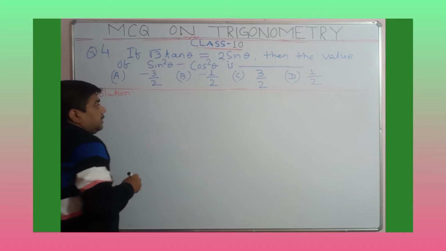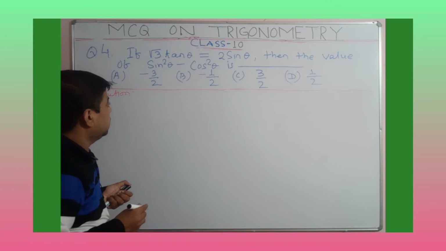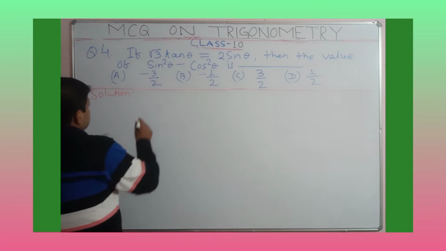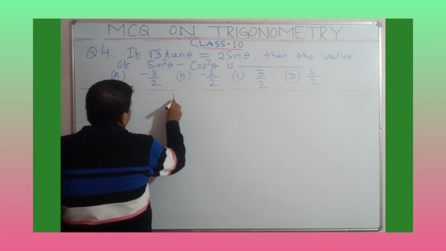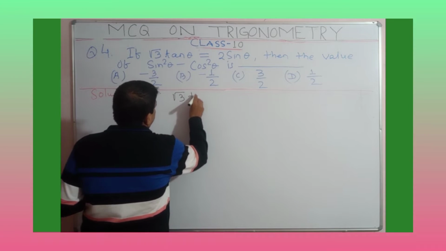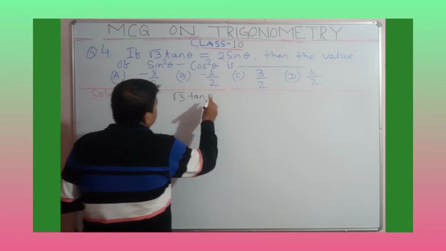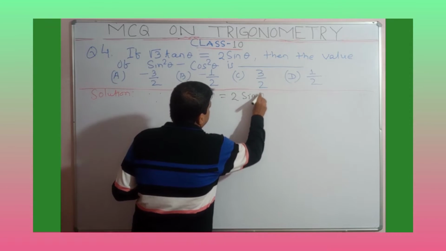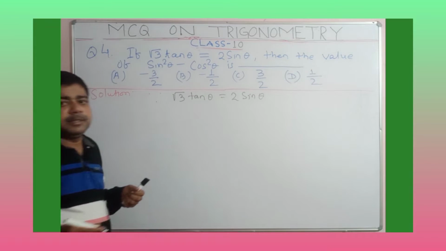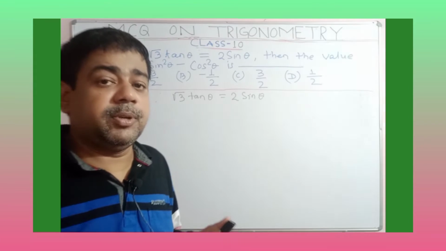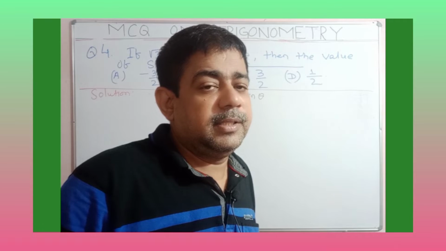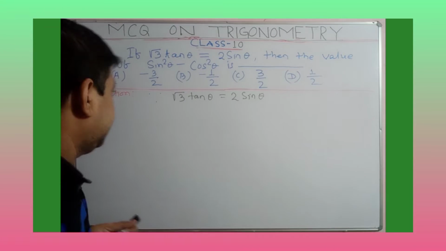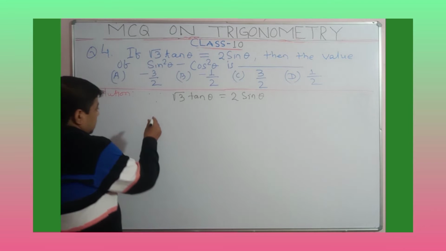First of all, what is given? According to the given condition, you have to find out the required expression. Here it is given that root 3 tan theta is equal to 2 sin theta. This is another interesting question for you.